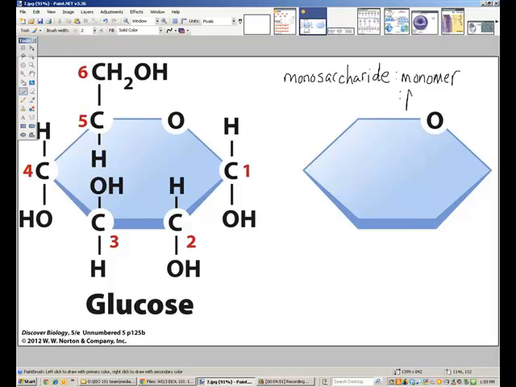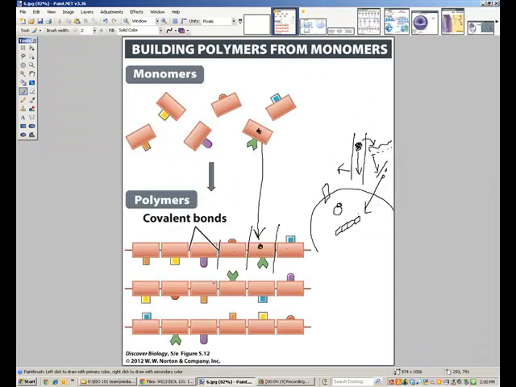The polymer is a complex carb. Not card, but carb. There we go. Okay, so let's go back here real quick. So monosaccharides, polysaccharides, okay? So complex carbohydrate and single carbs.